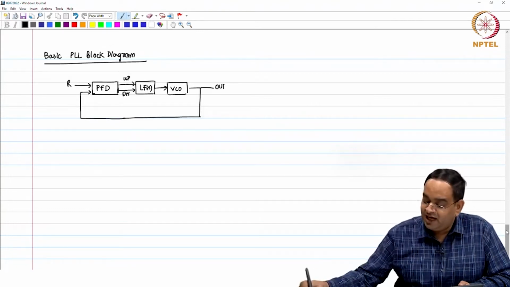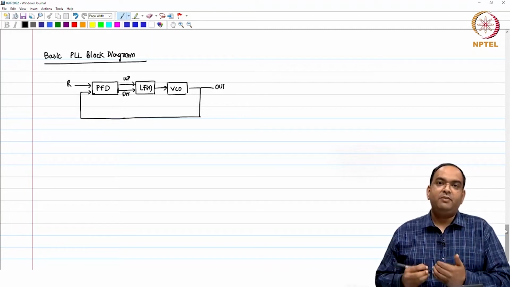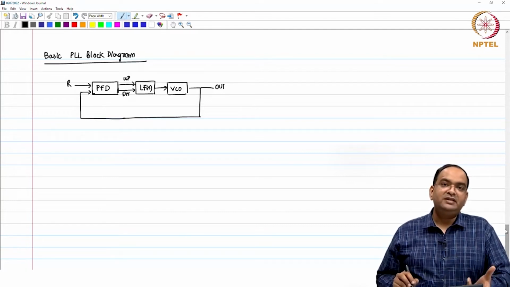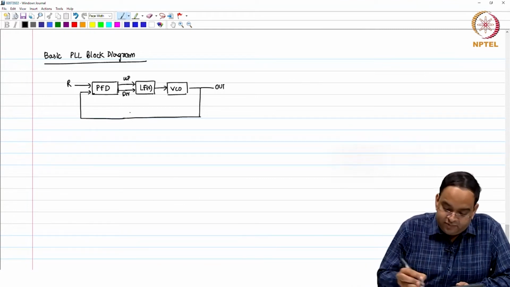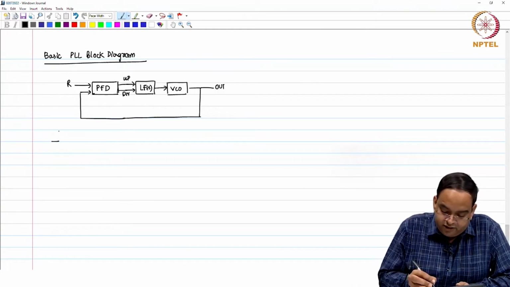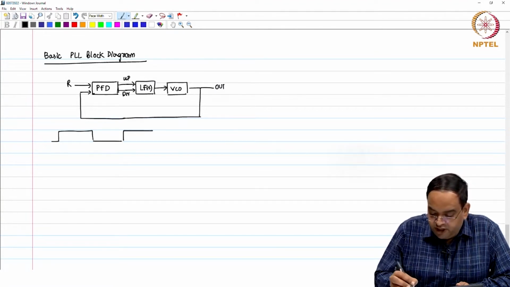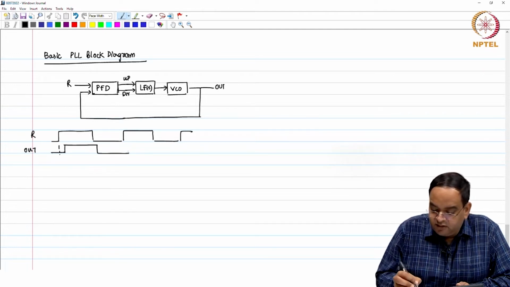The question before us now is how we are going to convert these up and down signals to voltage signals and then get them filtered by the loop. So, let us look at what these up and down signals are and how they look. We have seen this, but I will just redraw it. You have the R signal and the out signal. At any given time, if you have a phase error, then your waveform may look like this.